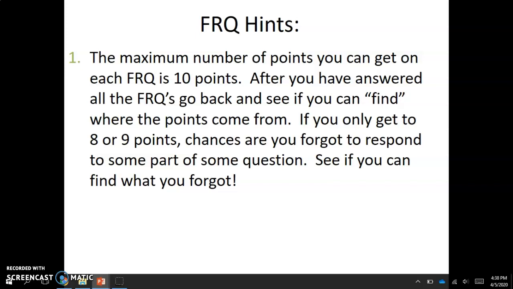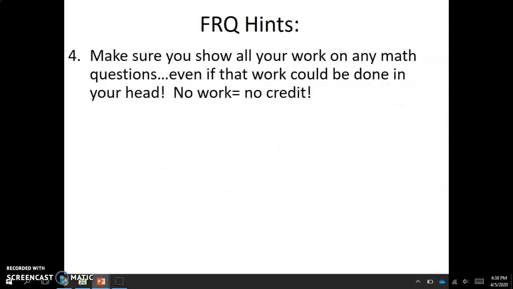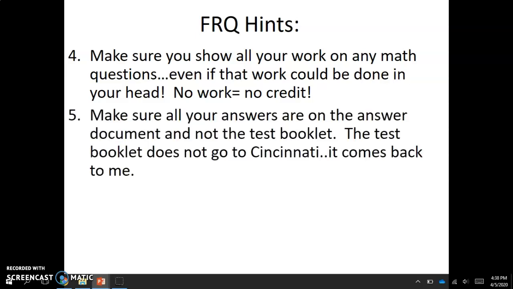If you can't get to 10, go back and see what you missed. Make sure you show all your work on any math questions. Again, doubtful that there'll be too many calculations on this one because you won't be able to work them out. But if for some reason there is math, if you don't show your math, you won't get any credit.